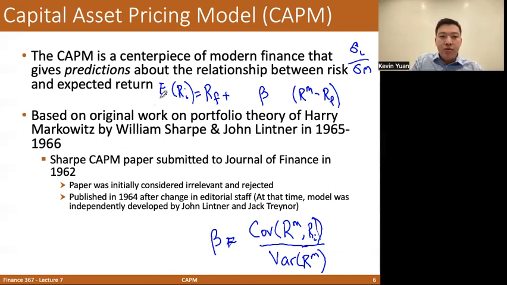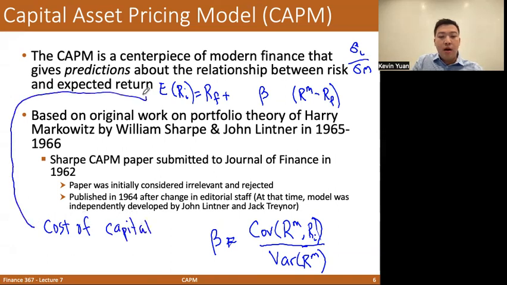Now, beta is the right measure in the sense that it determines what this multiplier is going to be. We can also use this equation in corporate finance, when we're trying to define the cost of capital. If you take a corporate finance class, you'll also see this CAPM equation showing up. So we can price the expected return of an asset as well as the weighted average cost of capital, usually abbreviated WACC, using the capital asset pricing model.